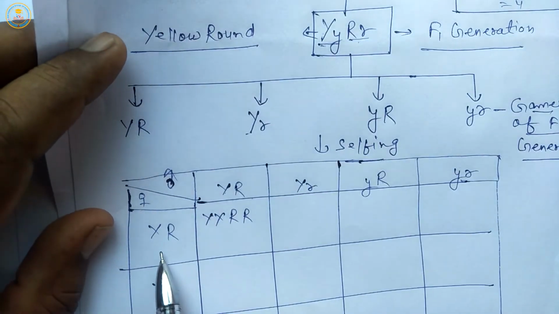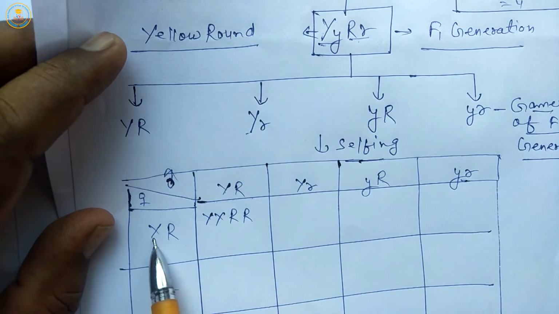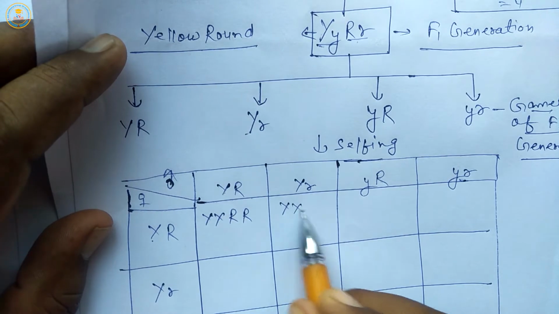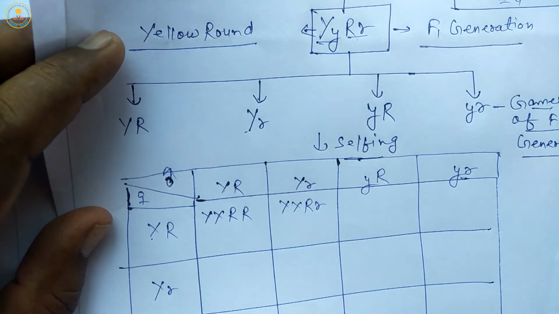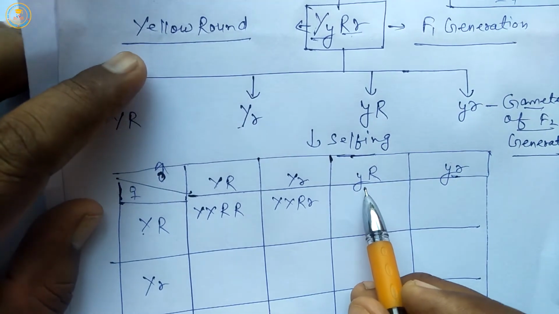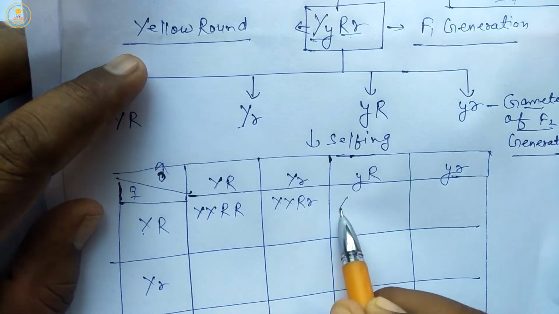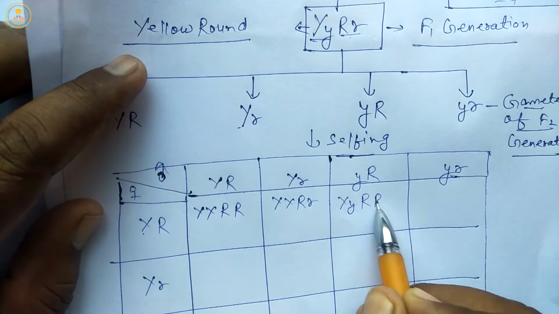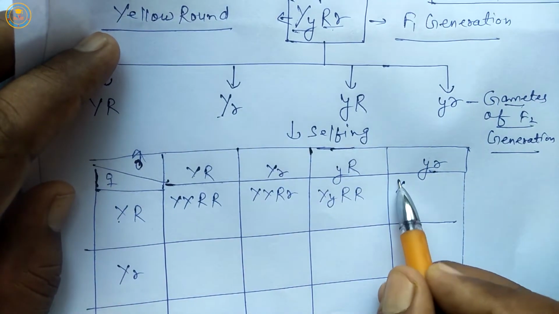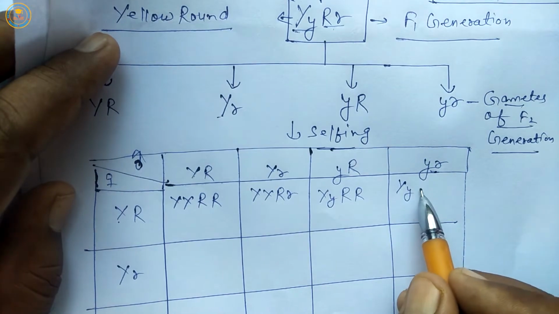Second, capital Y, capital R crossed with capital Y, small r. Third, capital Y, capital R crossed with small y, capital R. And last, capital Y, capital R crossed with small y, small r.